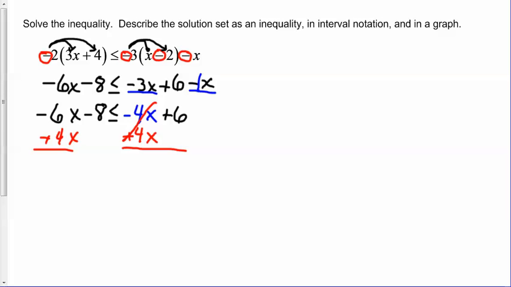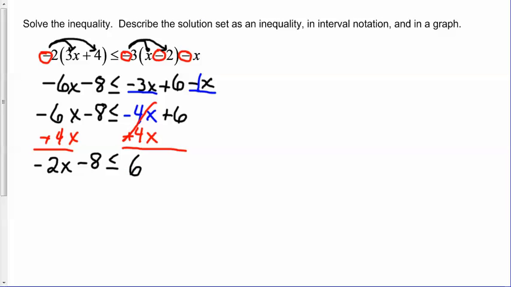Those are going to cancel out. And so -6x plus 4x, watch the signs, is going to give us -2x minus 8. That's going to be less than or equal to, and over here we just have this +6. And because it's positive, we don't have to bring that plus sign down with it.